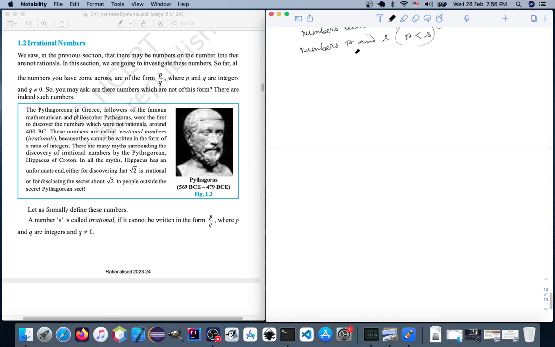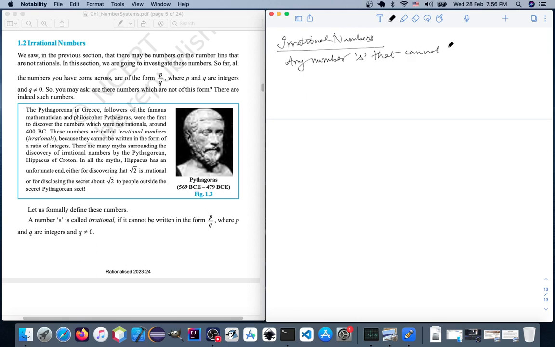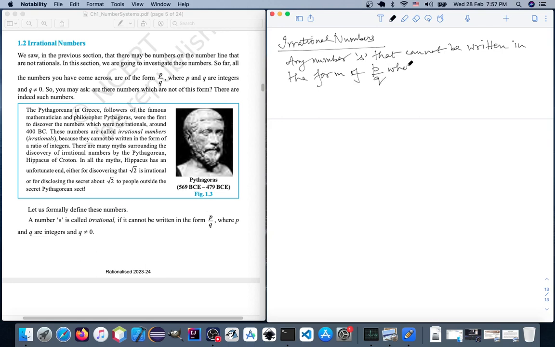The definition of irrational numbers says that any number that cannot be written in the form p by q, where p and q are integers and q not equal to 0.